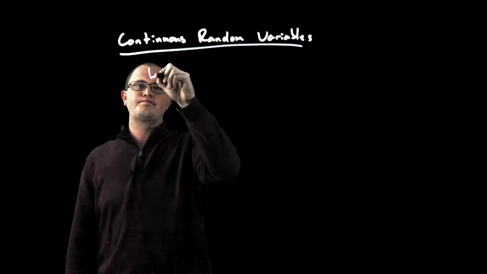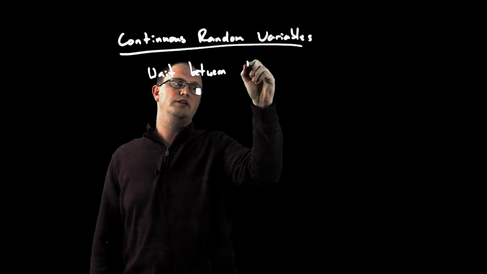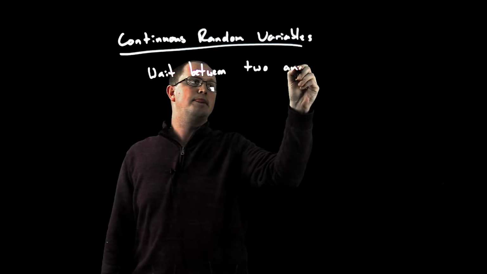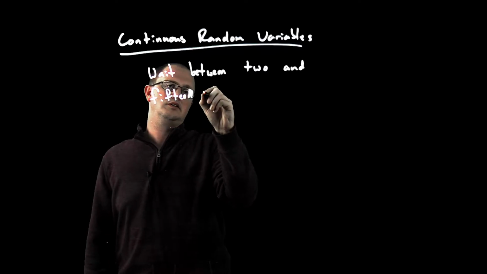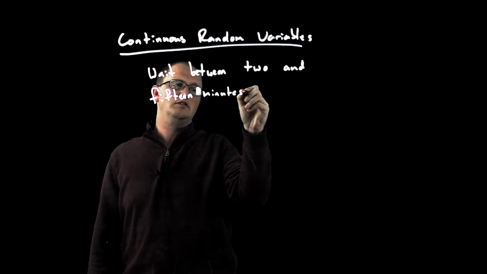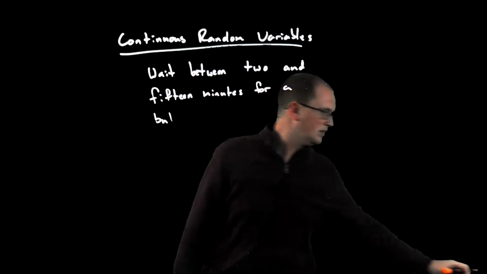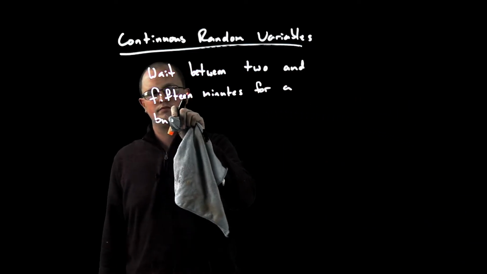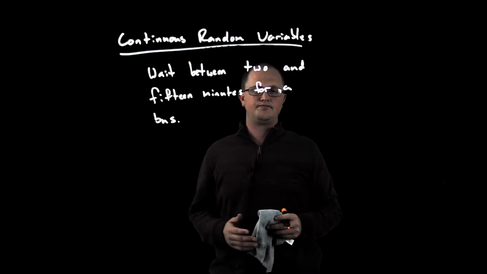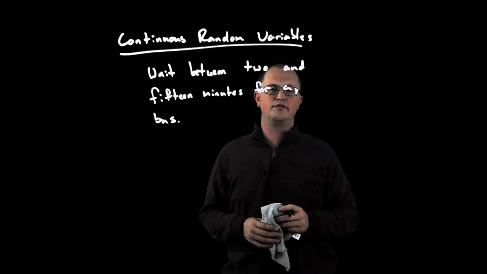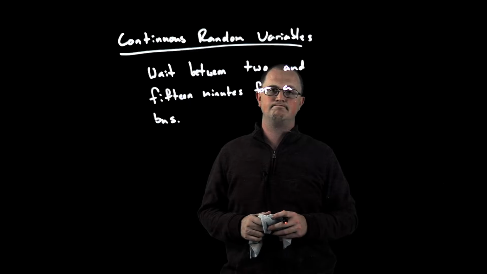So we wait between 2 and 15 minutes for a bus. And let's say that the likelihood of the bus arriving anywhere in that 2 to 15 minutes is equally likely.